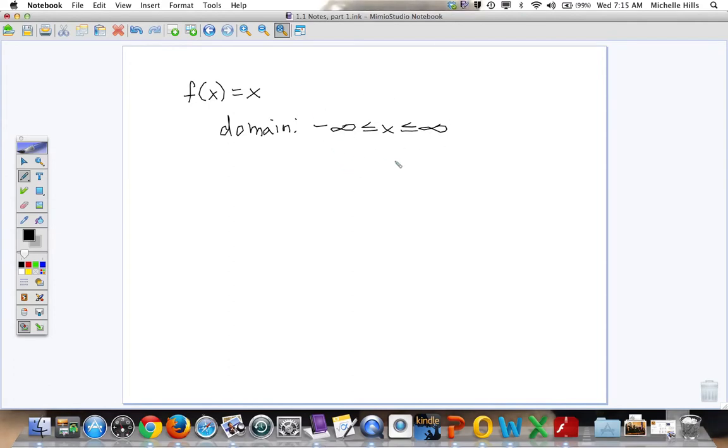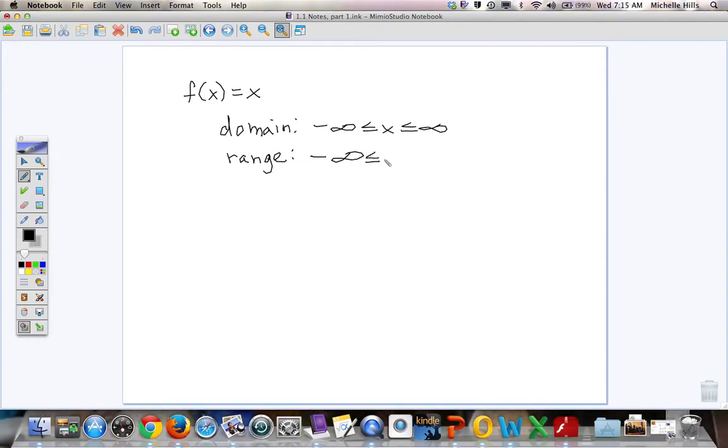That's interval notation. Where does it start? Where does it stop? Or in this case, it goes on forever, so that's why I'm using infinity. Range is all of the possible y values, and it's also negative infinity is less than or equal to y is less than or equal to positive infinity.